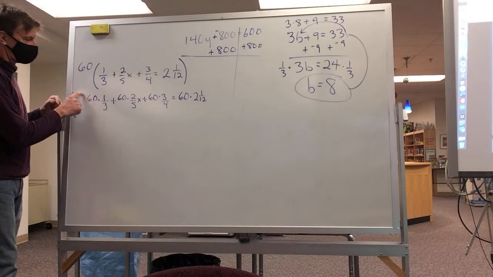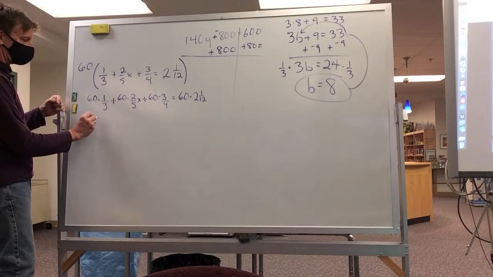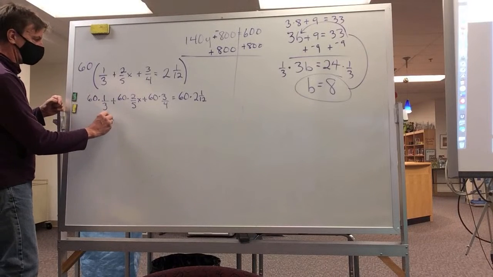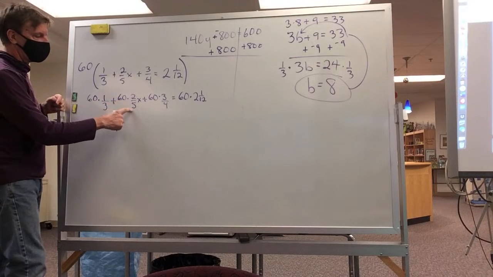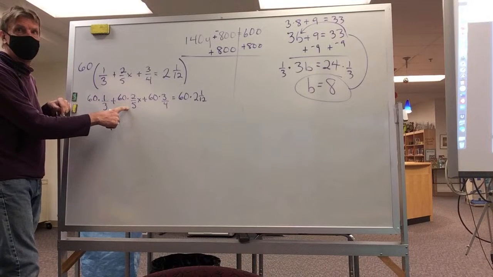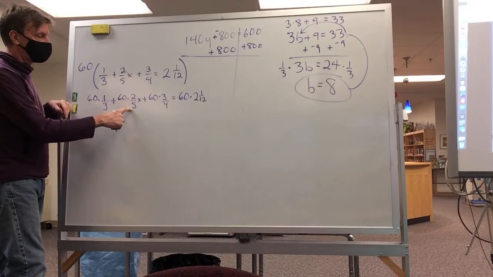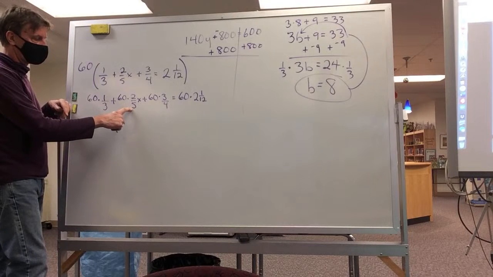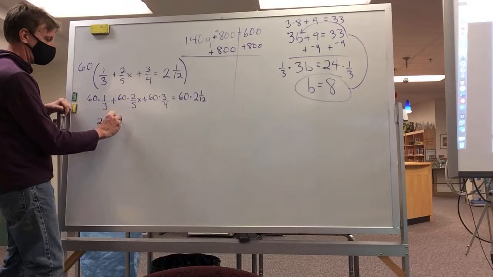So 60 divided by 3 equals 20. 60 divided by 5 before you multiply it by 2: 60 divided by 5 is 12, times 2 is 24.